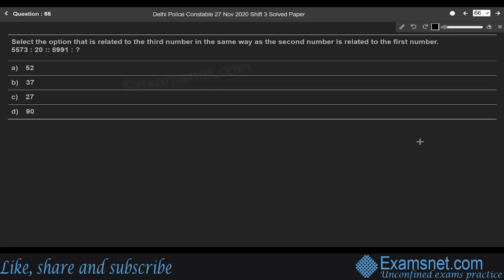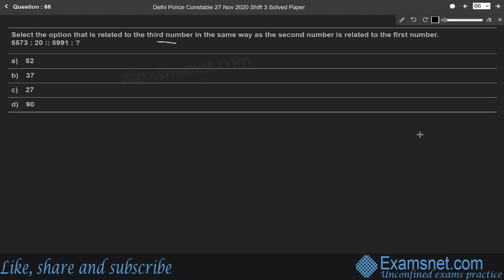Question 66. Select the option that is related to the third number in the same way as the second number is related to the first number. So here 5573 is related to 20. So 8991 is related to which number?